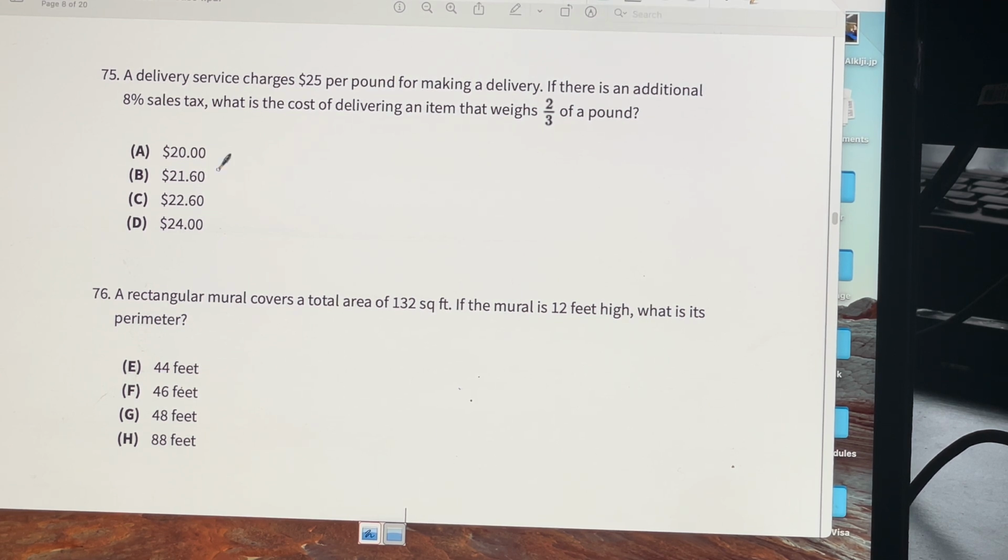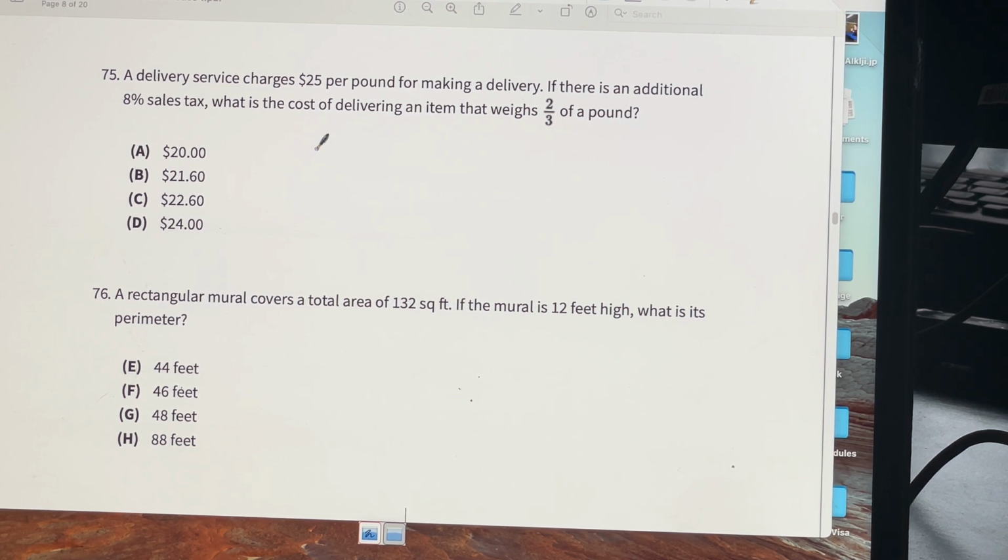Delivery service charges $25 per pound. If there's an additional sales tax of 8%, what is the cost of delivering an item that weighs 2/3 of a pound?